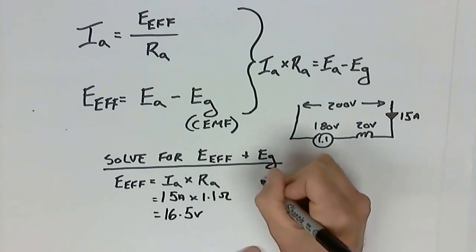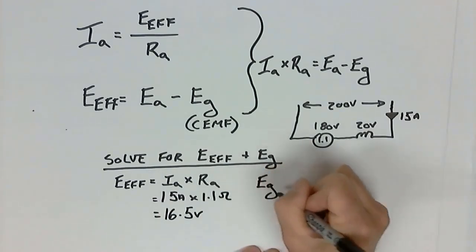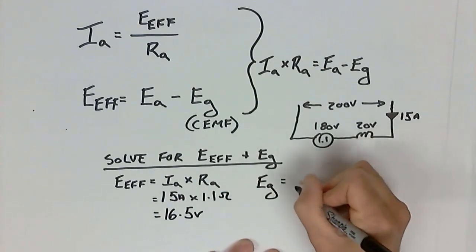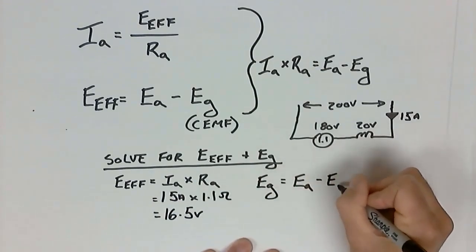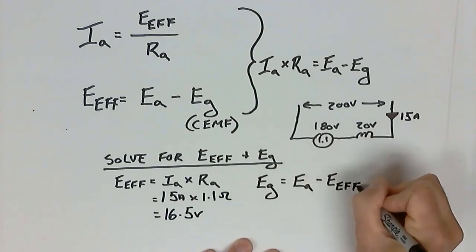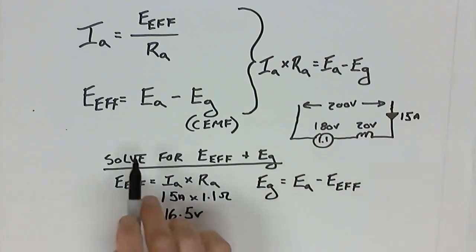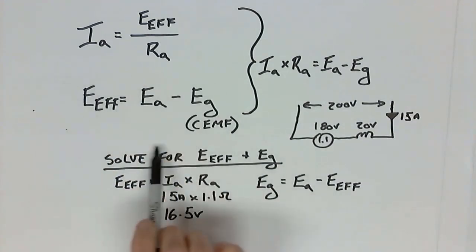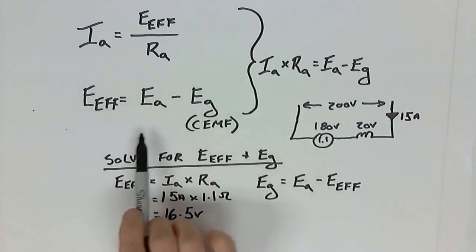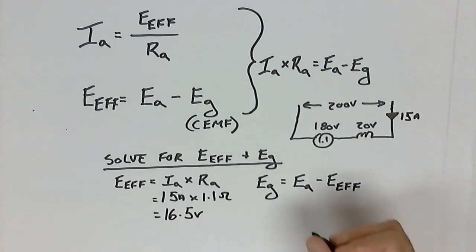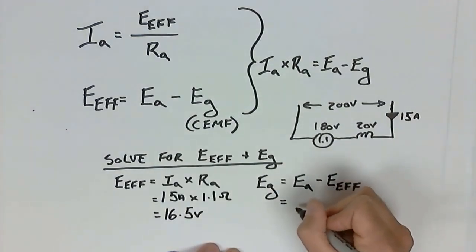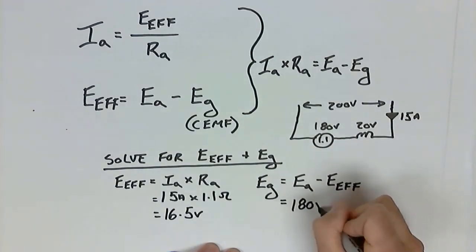I'm then going to solve for EG, which is the counter EMF. And EG is EA minus E effective. So we are using this formula here, but again, we've manipulated it in order to solve for the missing variable. EA is 180 volts.